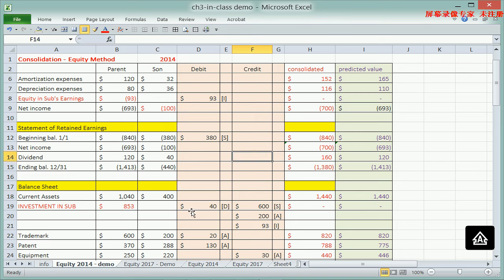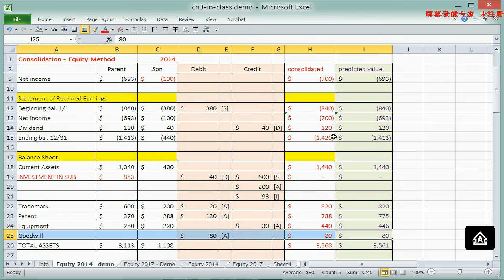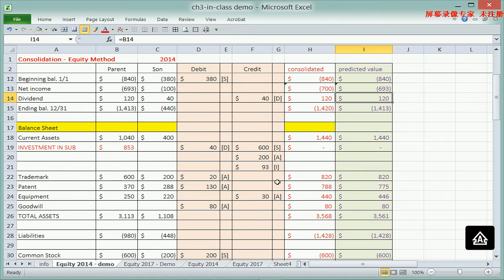So it has to be a debit to the investment and credit to the dividend. Okay, so if you look at my consolidation right now, it looks pretty much good, because you can see the goodwill is 80 and the dividend is only the parent's dividend, and so on. And the investment account goes to 0.